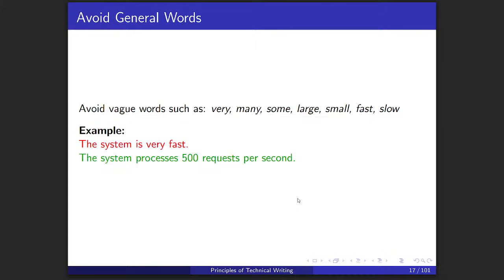So avoid general terms. If you look here, avoid vague words such as very, many, some, large, small, fast, slow. "The system is very fast." Instead of using these vague words, use "the system processes 500 requests per second." Instead of these vague words, we'll be using actual numbers, such that users are also able to understand it very clearly.